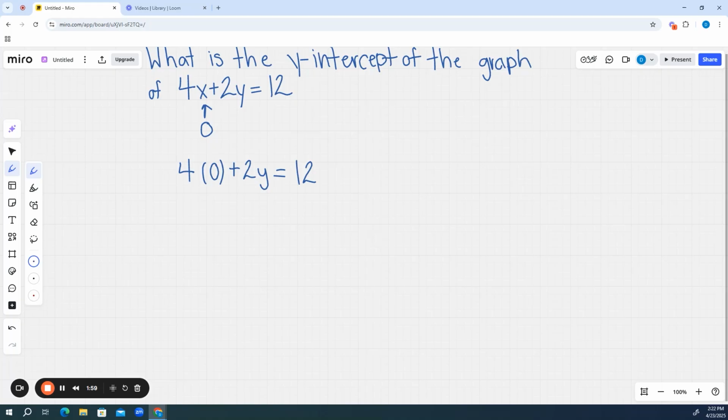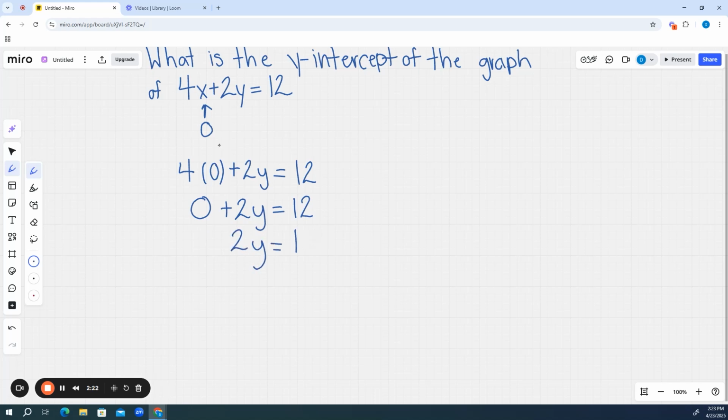So 4 times 0 will give you 0, and then we have plus 2y, and then we have 12. And I'm going to rewrite this because we don't really need that 0. I was just writing it so you guys are sure that there's a 0 there.